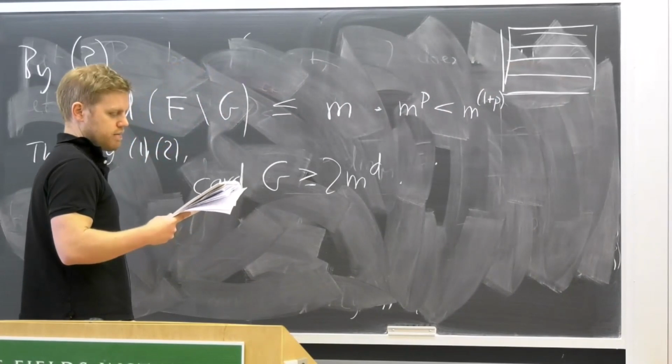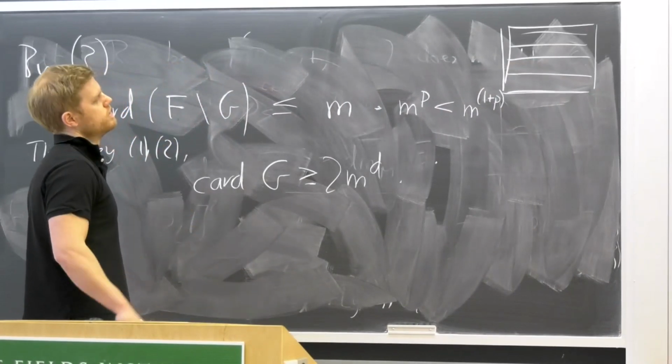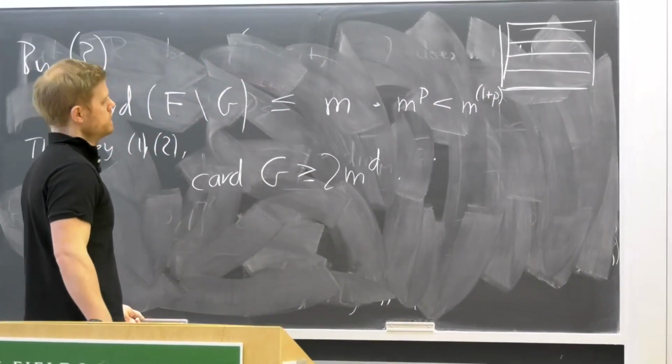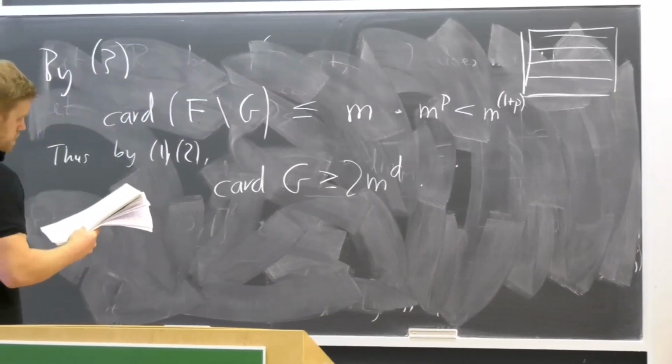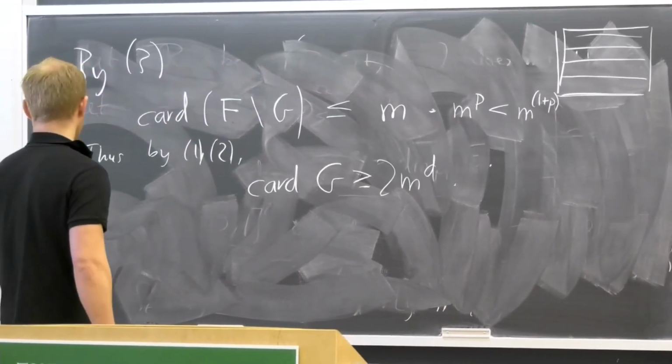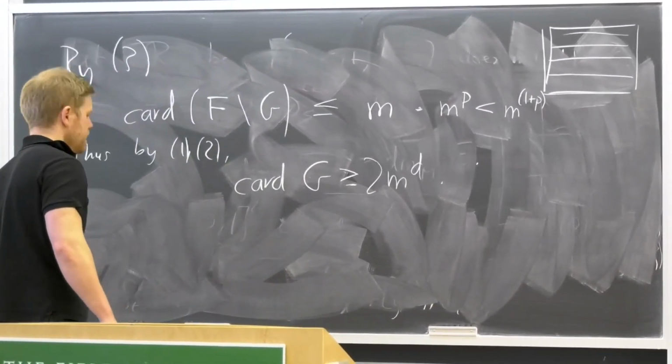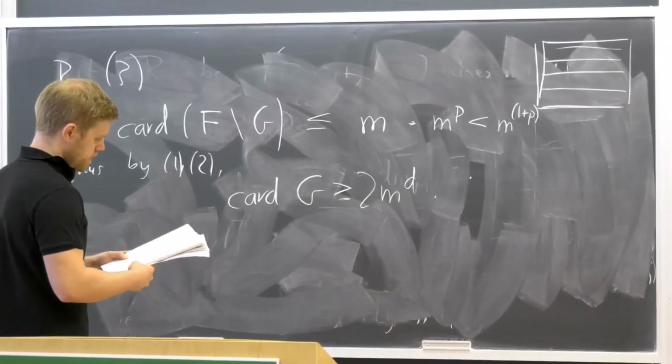And so now I will take a further subset, and this will be the following. Let me define the set, and I will say what is the point of this.